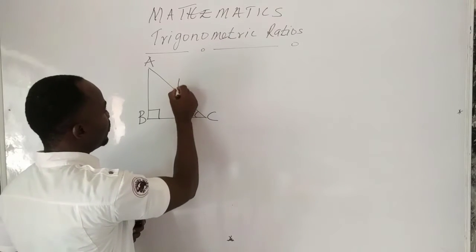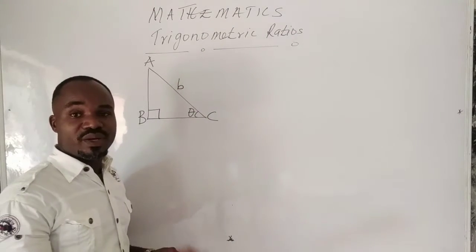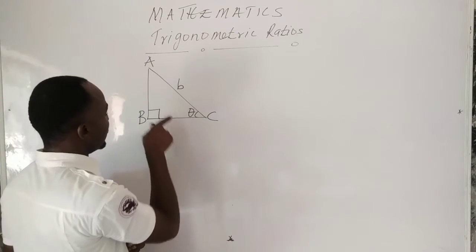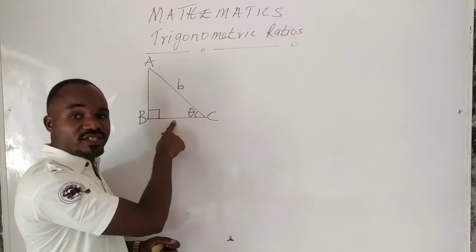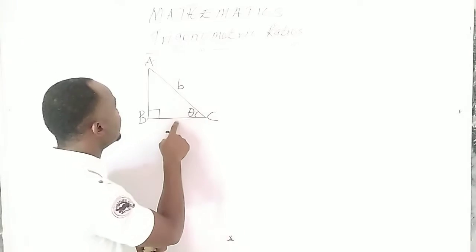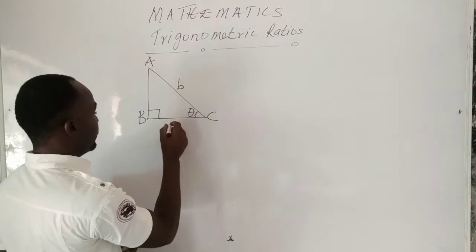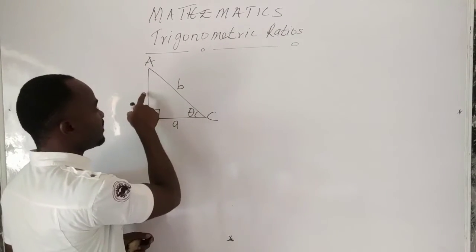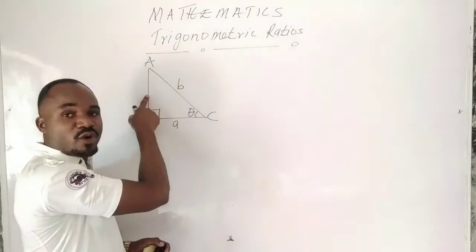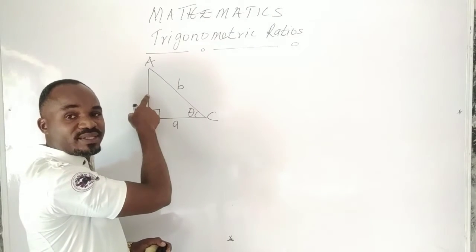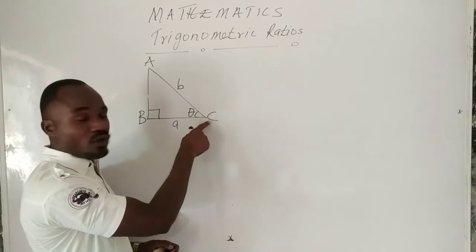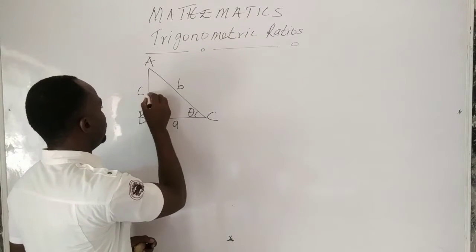We use small letter b to represent it because it's facing the capital angle B. This side is the adjacent, and we use small letter a to represent it because it's facing the angle capital A. Another side is the opposite, and we use small letter c to represent it because it is facing the angle C, or theta.